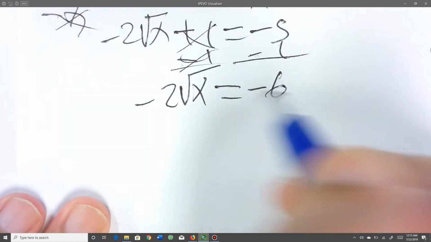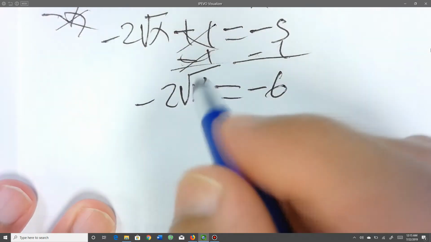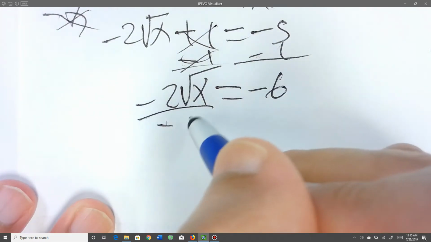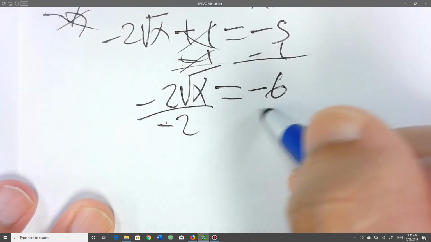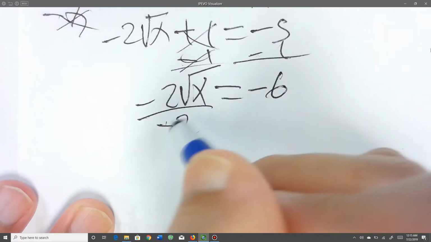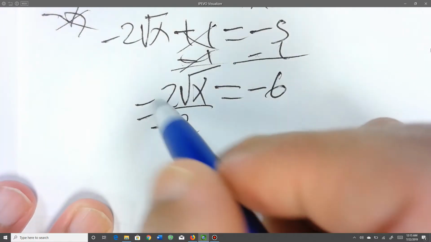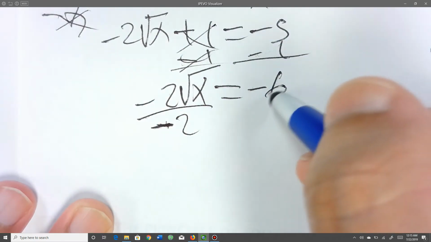Continue working. Just solve for x, except for now you have a radical in there. That's okay. That's negative 2, so I use the multiplication principle. I'm dividing by the number I'm trying to move. Include the sign because that's going to make that positive, so that's good.